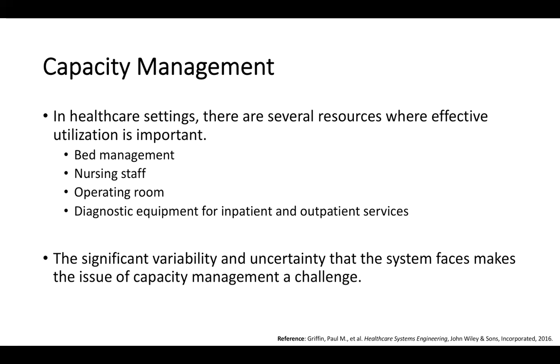And as healthcare units try to make these decisions, the variability related to the number of patients that arrive at a healthcare setting to receive care, and the variability associated to the type of care that they need and to the severity and intensity of the care that they need, is going to make the decisions for managing these resources a lot harder.